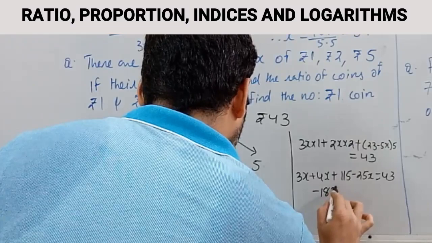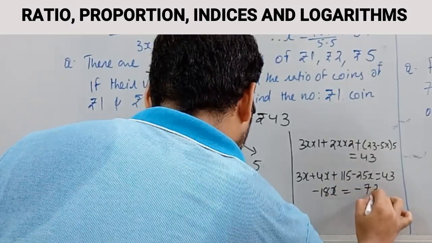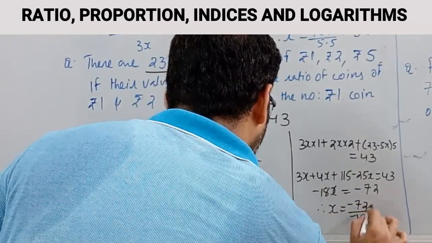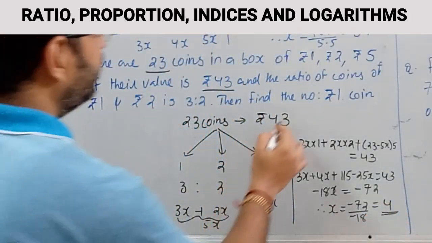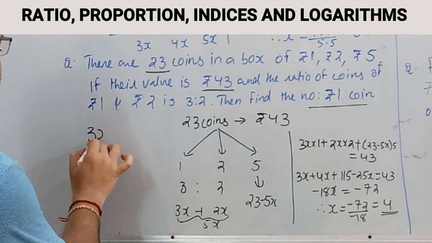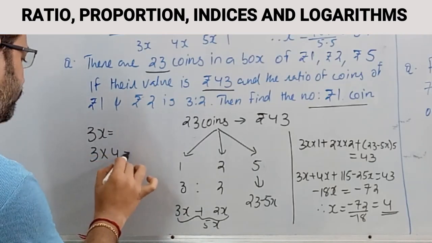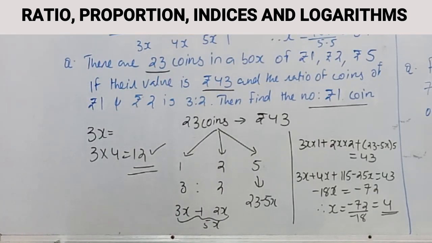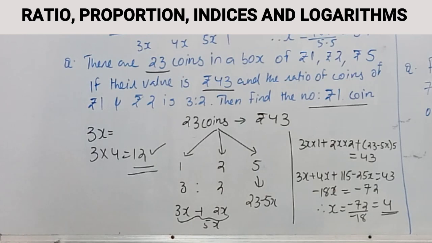Can be solved like this: 18x is equal to minus 72. Therefore, x is equal to minus 72 divided by minus 18 equal to 4. We have to find the number of 1 rupee coins. 1 rupee coins is 3x equal to 3 into 4 equal to 12. Number of 1 rupee coins equal to 12.